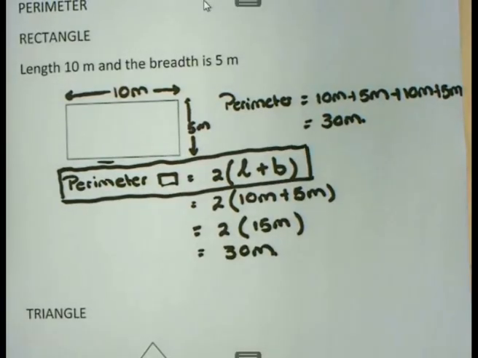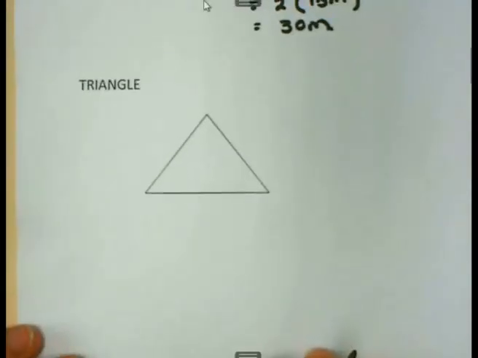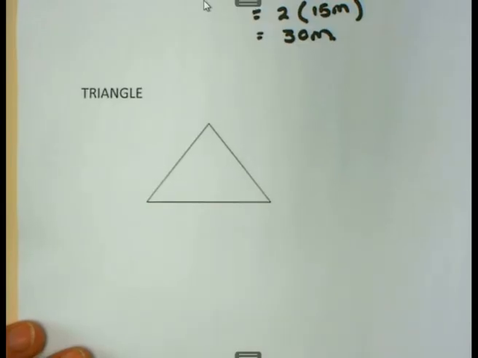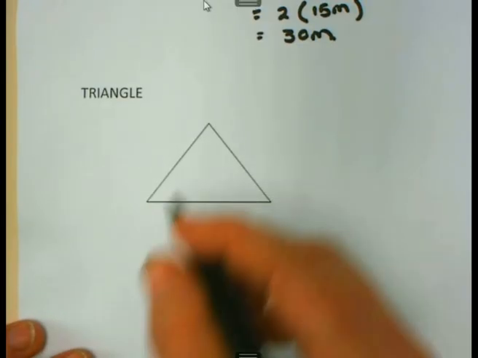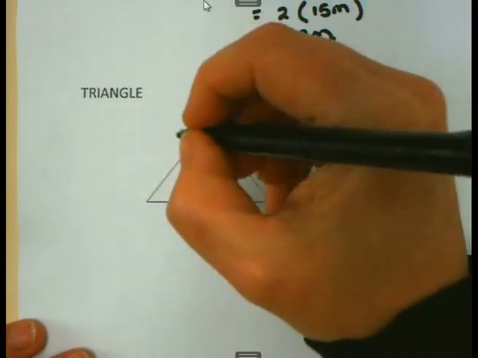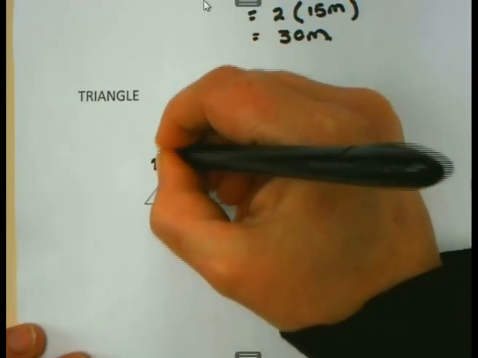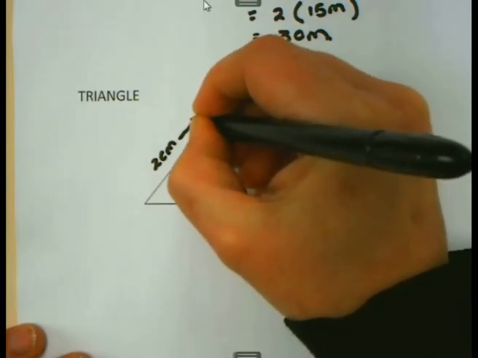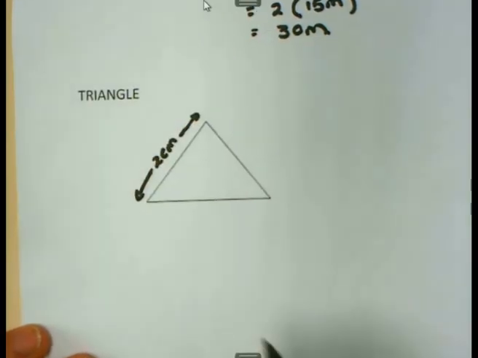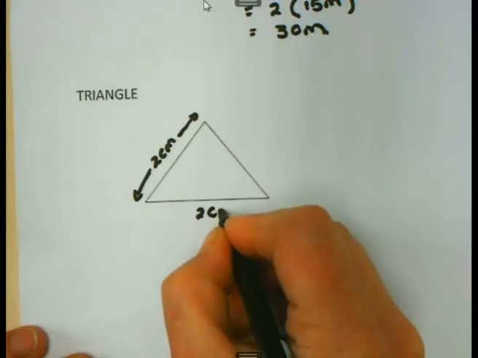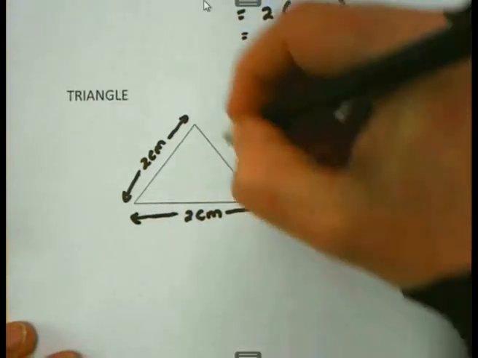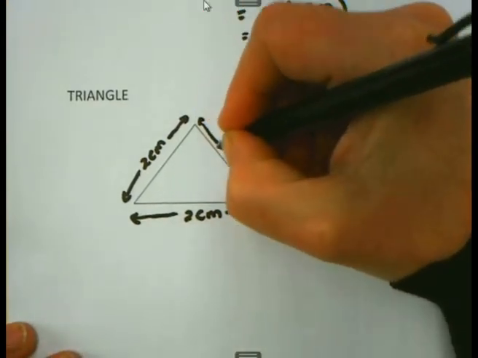Okay. Let us now also discuss a triangle. Say for instance, I'm having a triangle where the side length of each one of these triangle sides is 2 centimeter. This one here is also 2 centimeter. And this one here is also 2 centimeter.